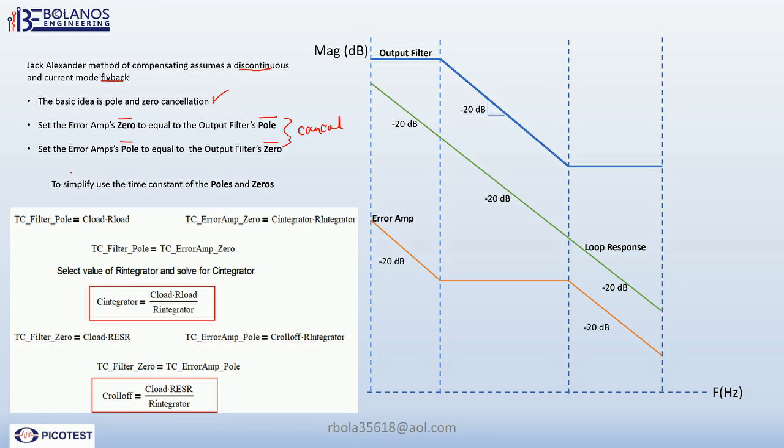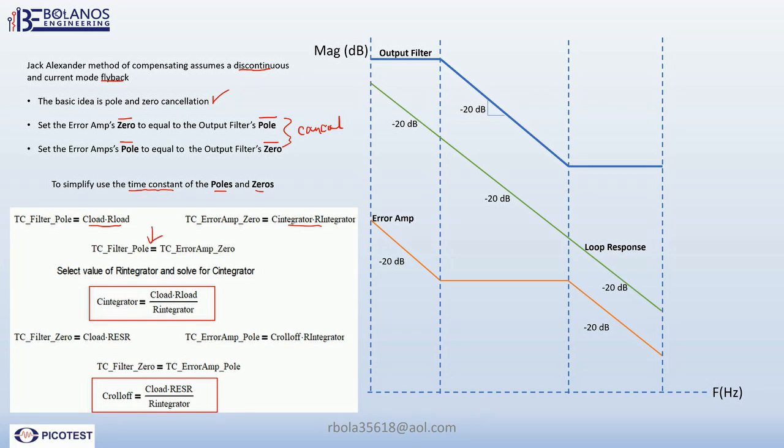Another way of looking at this, at least to simplify things, is to use the time constant of the poles or the zeros. If we use the time constant of the output filter, that would be C load and R load, and we make it equal to the time constant of the error amp, which is the C integrator and the R integrator. If we set them equal, you have this equation.